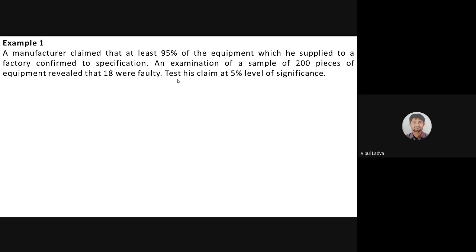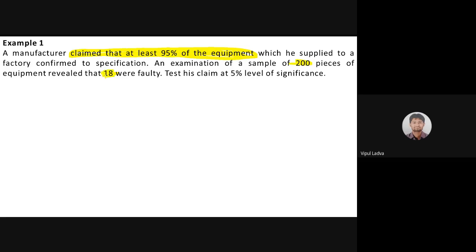Now we need to check whether this claim, given by the manufacturer, that at least 95% of the equipment is tested okay. And out of 200, we have 18 faulty.